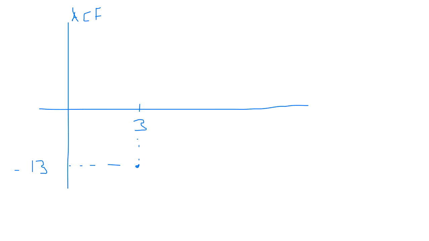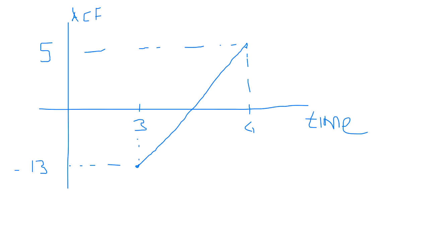I am not writing the thousands here. At the fourth year, let's make this axis time, or years, maybe years we should say, it is going to be positive $5,000. So at the third year and at the fourth year, there is a point between 3 and 4 which is going to make that accumulated cash flow equal to 0.